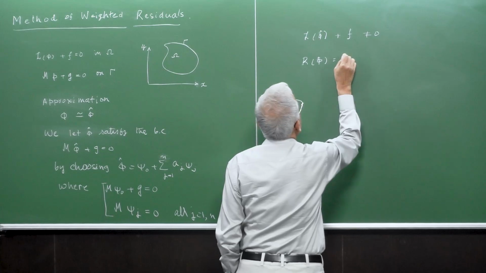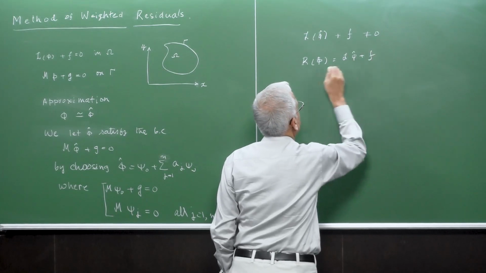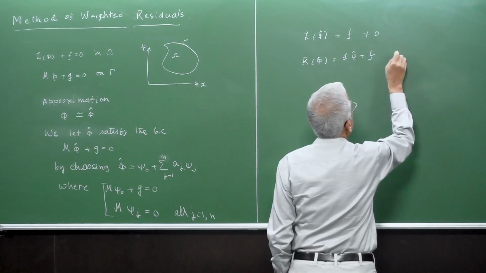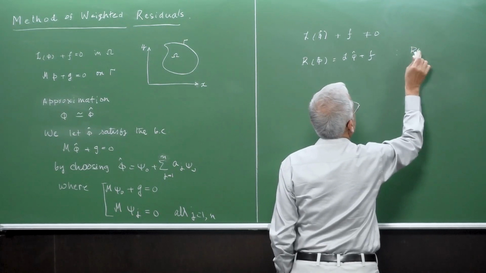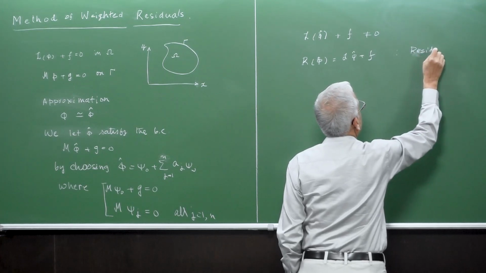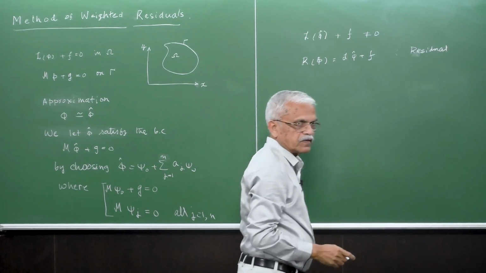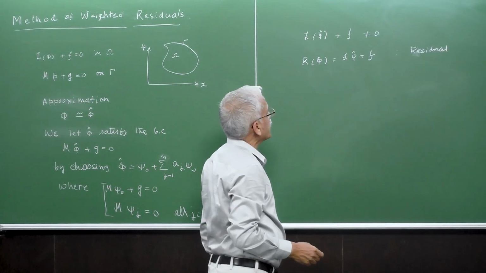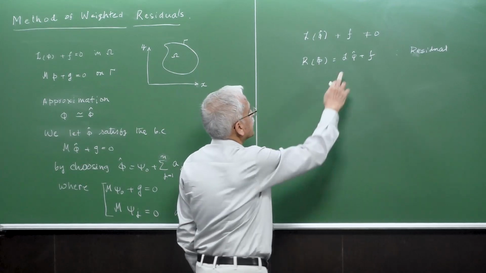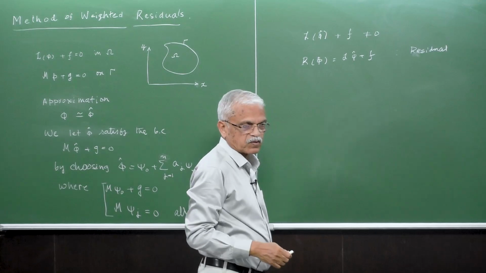We call it the error or residual. Obviously this is non-zero in the domain, so our endeavor is to make this as small as possible.